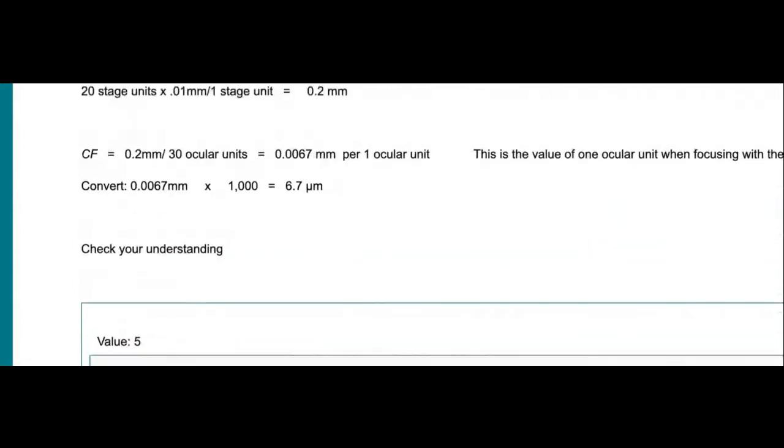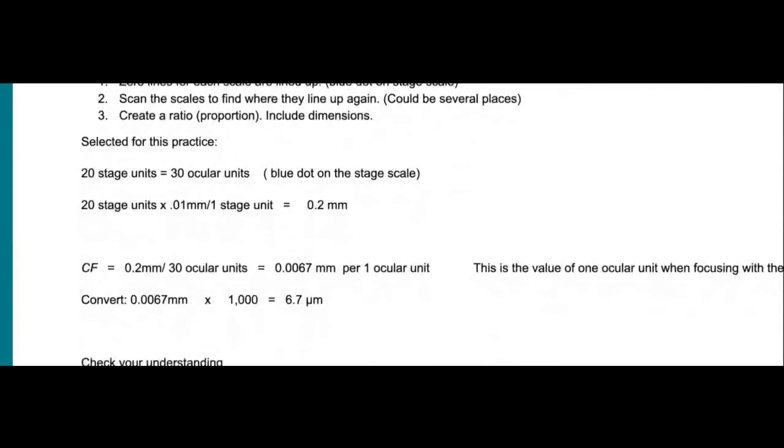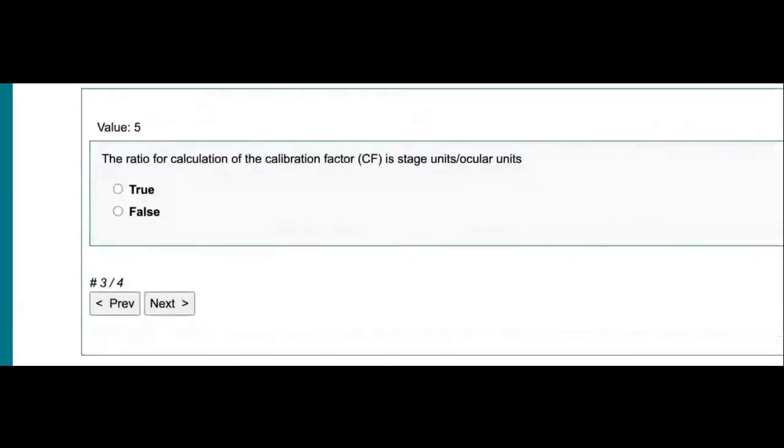It would be stage units times that actual distance, that scale here, divided by ocular units. So here, this conversion factor, that 0.2 came from that 20 stage units times that 0.01 distance scale. So the answer to that would be false.